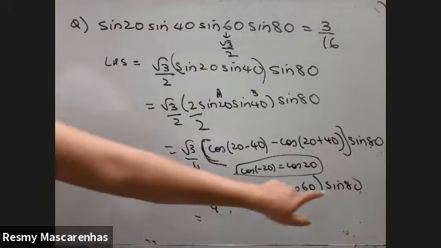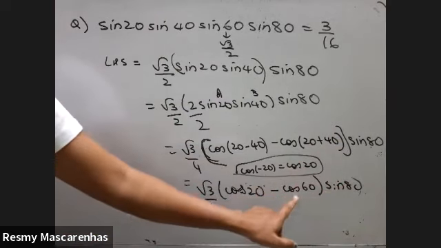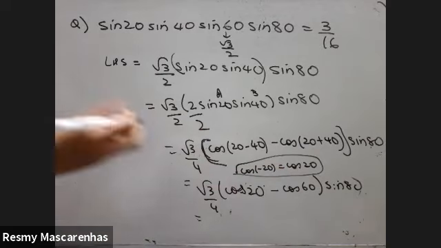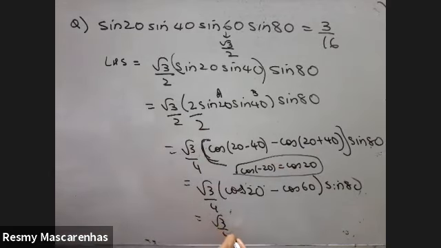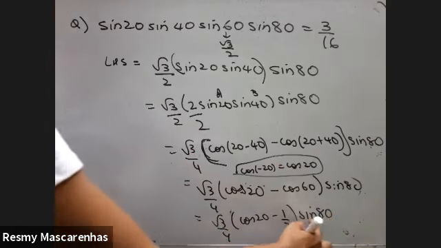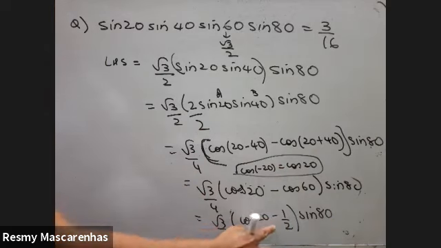Now the next step is to multiply these two terms inside, and this will be half. Cos 60 is how much? Half. Now multiply both the terms inside and then cross multiply too.